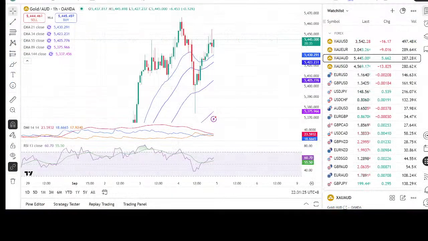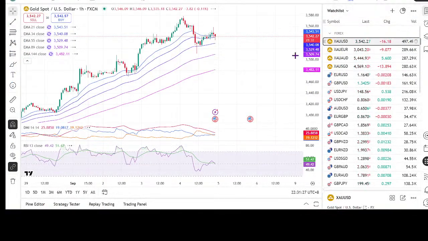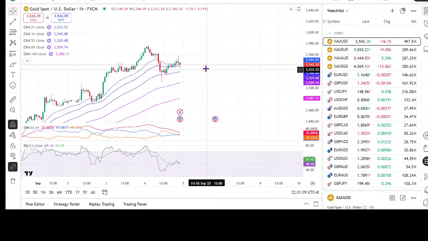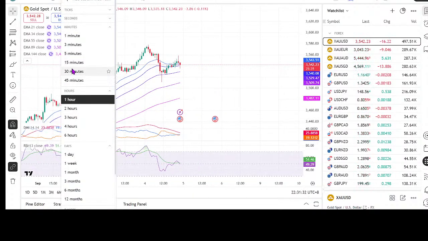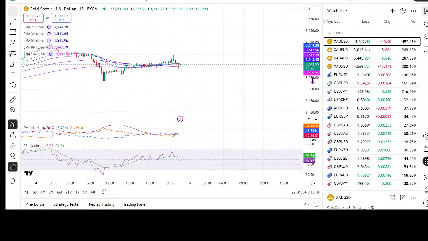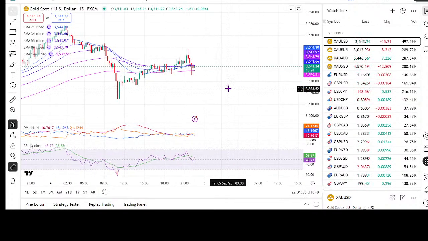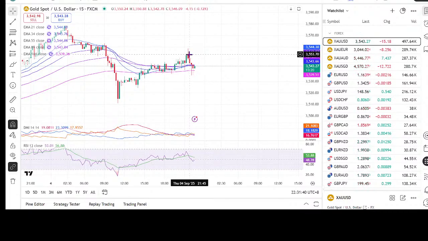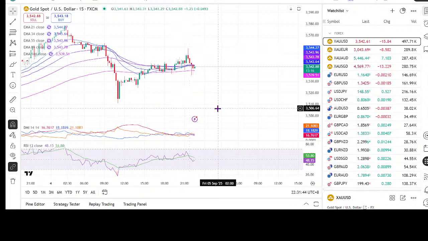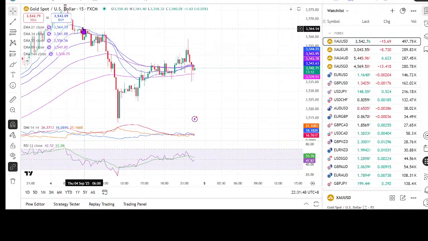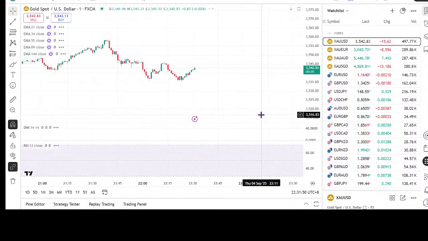I wouldn't say that we are wrong, but today has been very choppy, very choppy, and we didn't expect this down move to be so strong.